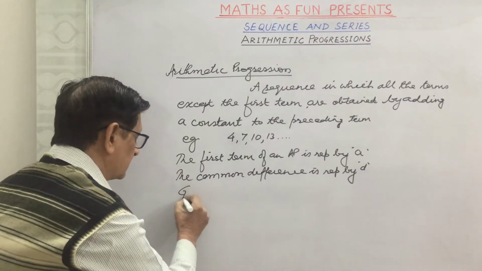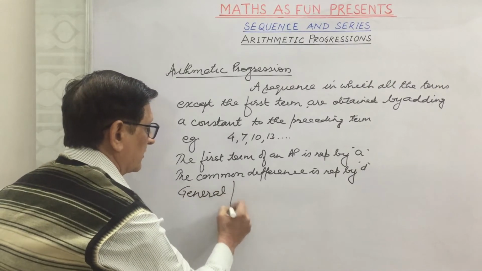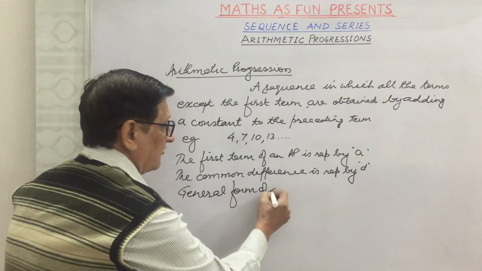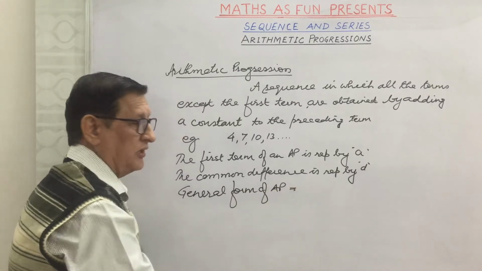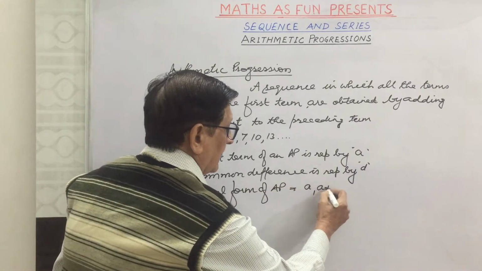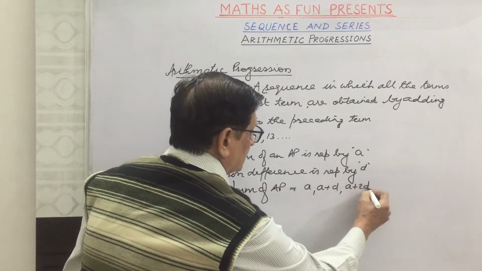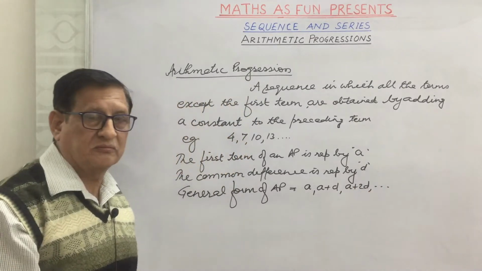So what is the general form of an AP? We can write the general form of AP as a, a plus d, a plus 2d and so on.